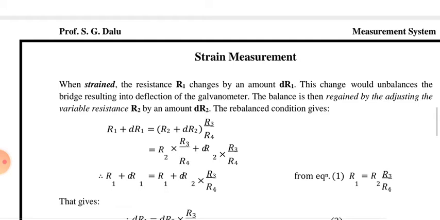Here we can observe one thing: R2 multiplied by R3 upon R4 is nothing but R1. So R1 plus dR1 equals R1 plus dR2 into R3 by R4.